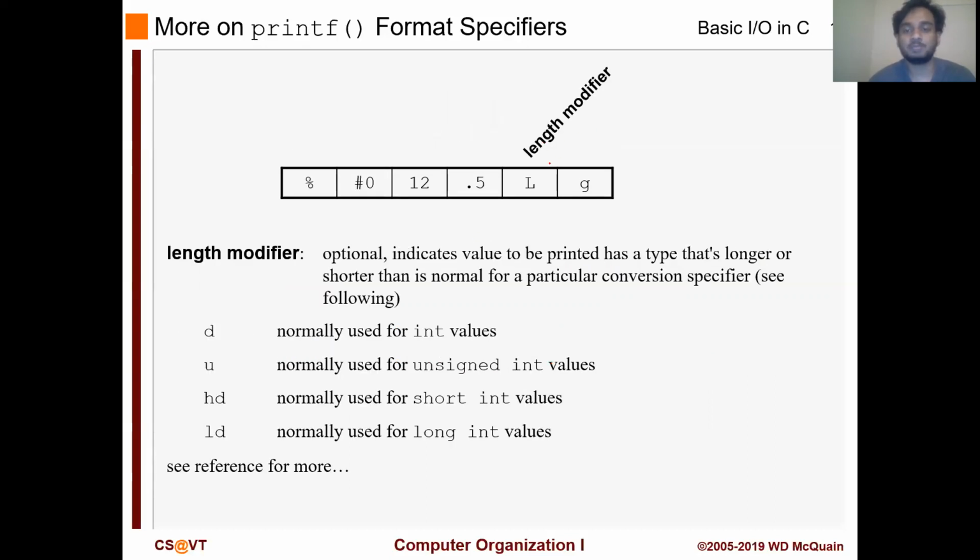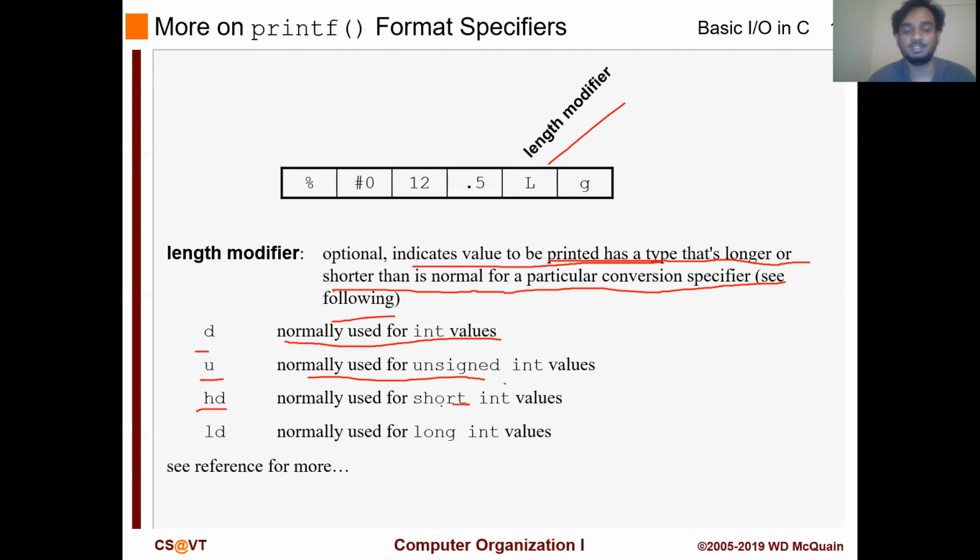Then there's the length modifier. You have already seen that. It is also optional, and indicates the value to be printed has a type that's longer or shorter than is normal for a particular conversion specifier. For example, D is normally used for integer values. If it's U, it's for unsigned integer values.